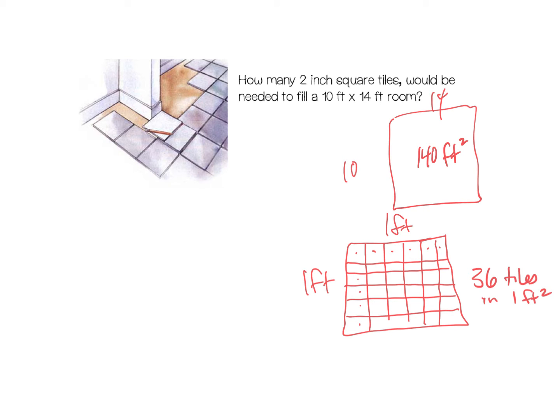Every square foot is going to contain 36 tiles. So in this case, I have 140 square feet times 36 tiles. I take 140 times 36, and I get 5,040 tiles.